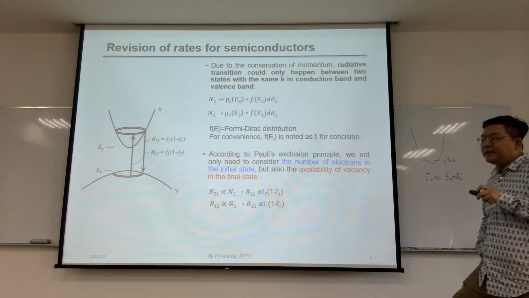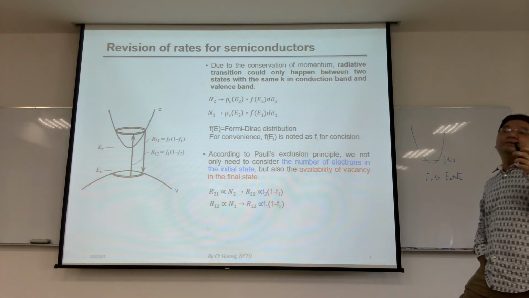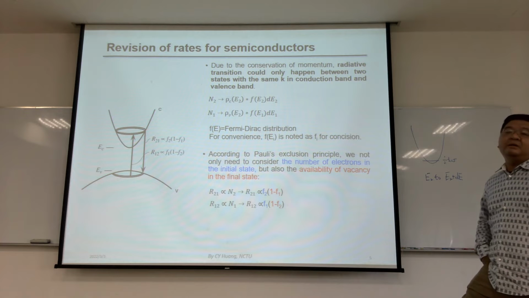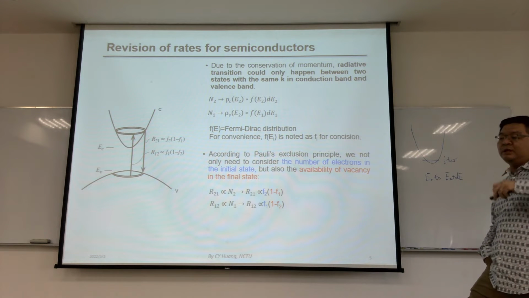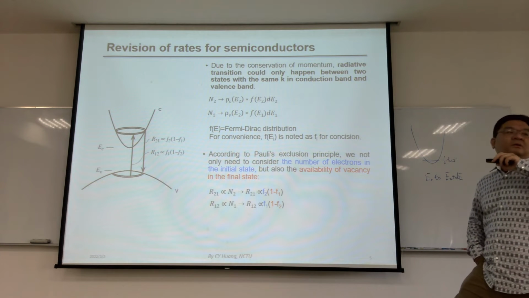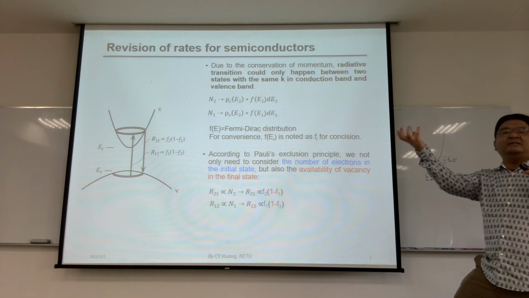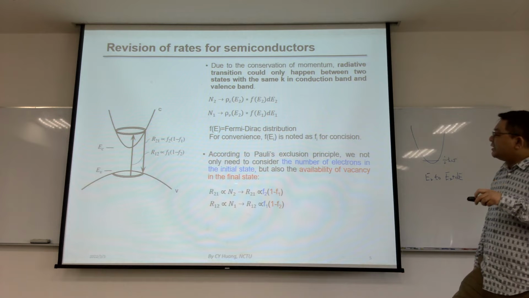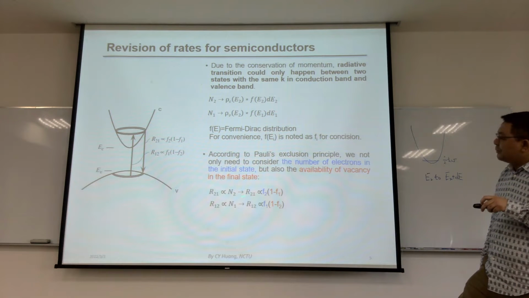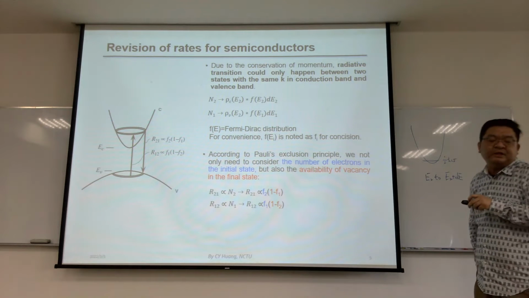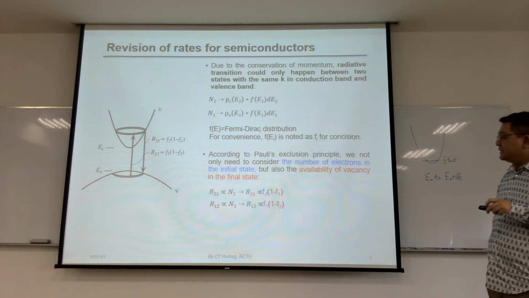And then, because of the Pauli exclusion principle, the transition from one level to another is one-to-one. If you want to transit one electron to another state, that state must be vacant. The total number of states is not infinite, so it is also proportional to the Fermi-Dirac distribution at both states.